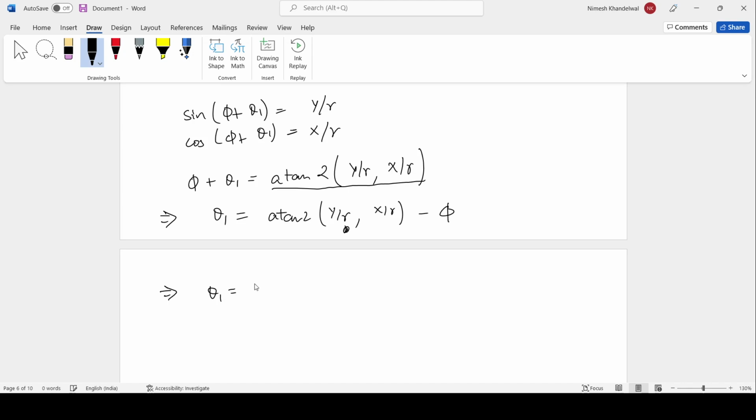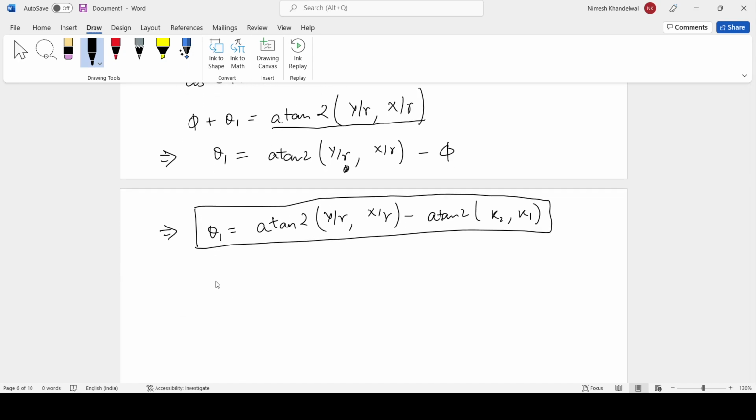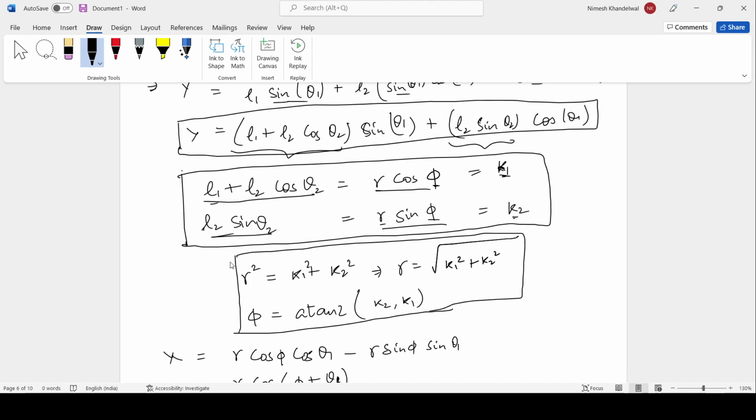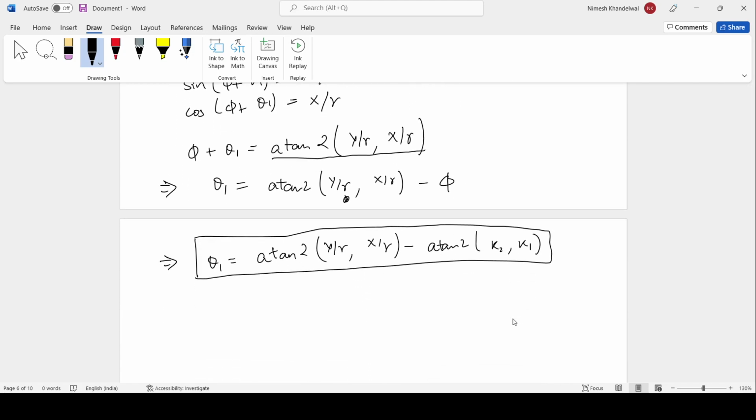Theta 1 is atan2 of y over r, x over r, minus atan2 of k2, k1. So you see, now this k2, k1 and r, we already have the expressions for all of them right here, so we can even substitute them if we want, but we won't be doing that right now.